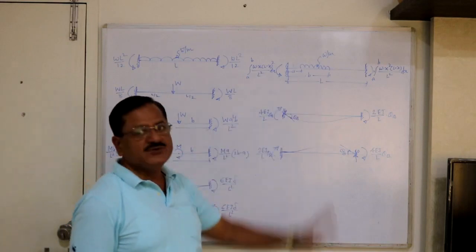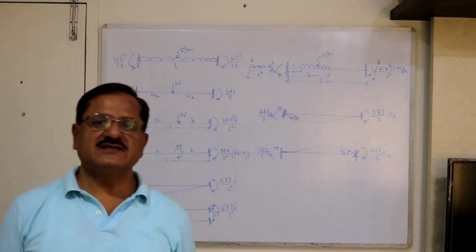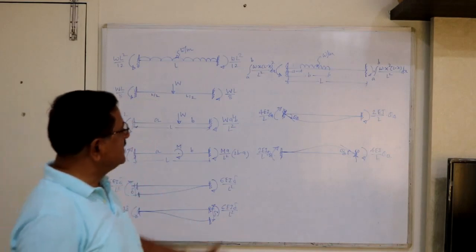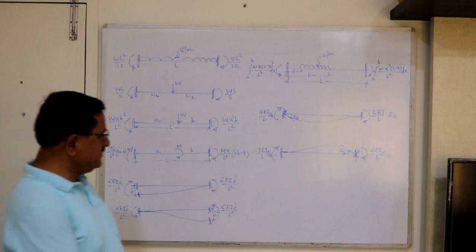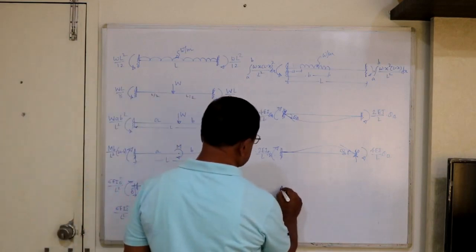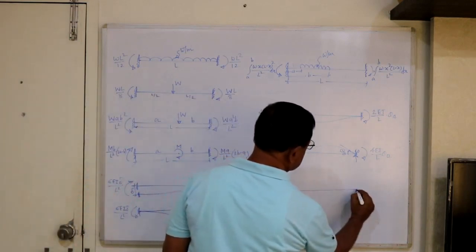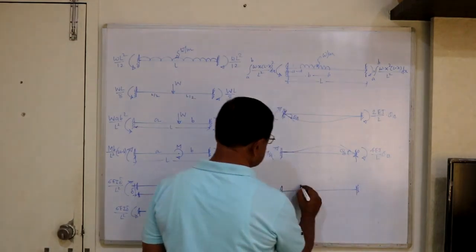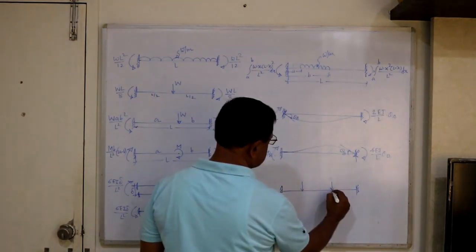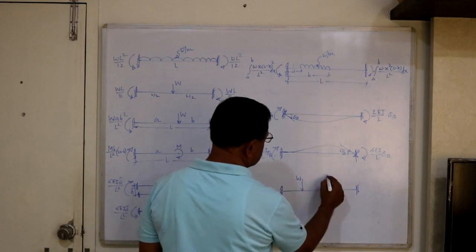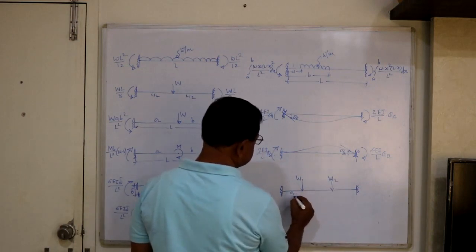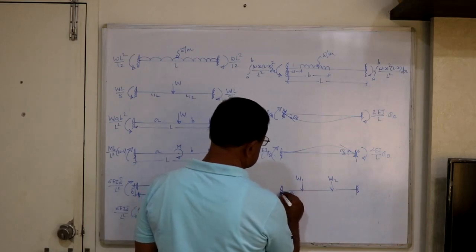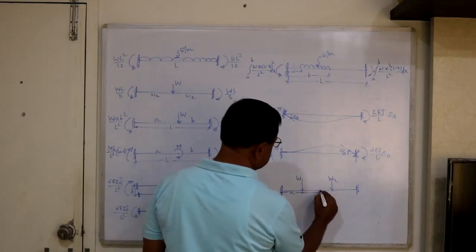Even if partial UDL is there, we can calculate the fixed end moment by integration. And suppose a beam carries two concentrated loads, say W1, W2, this distance is A1 and the remaining is B1.